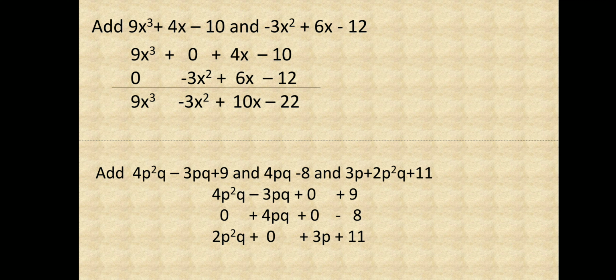So in the third one, you have 4p squared q minus 3p cube plus 9 and 4pq minus 8 and 3p plus 2p squared q plus 11. So you will arrange it as I said. Now we have arranged it in this way.